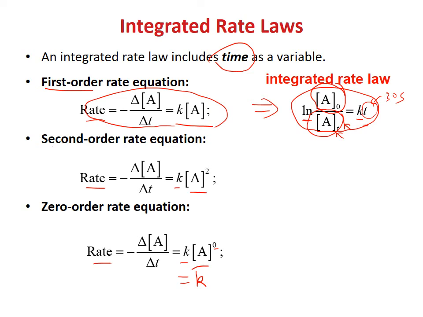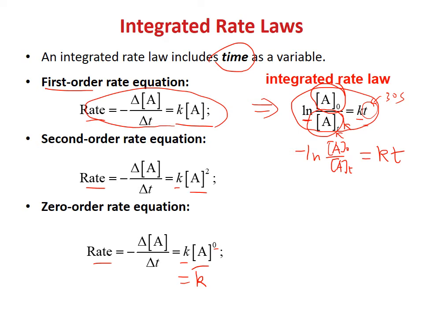For example, we can add a negative sign on both sides. So negative ln A naught AT equals KT. Also negative sign, so you add a negative sign on both sides.